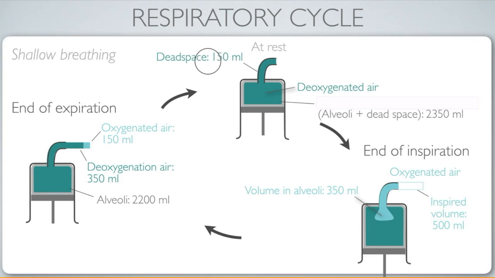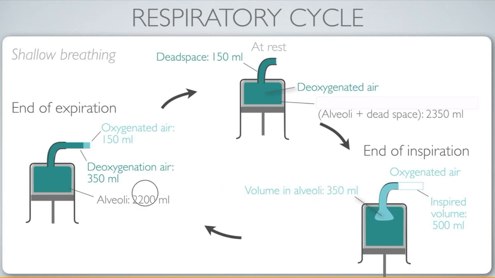Since the air didn't exchange in the alveoli with the blood, we just end up exhaling exactly the same quantity, and we failed to take advantage of that oxygenated air. We have 350 deoxygenated milliliters because that's the volume that exchanged with the alveoli down here.